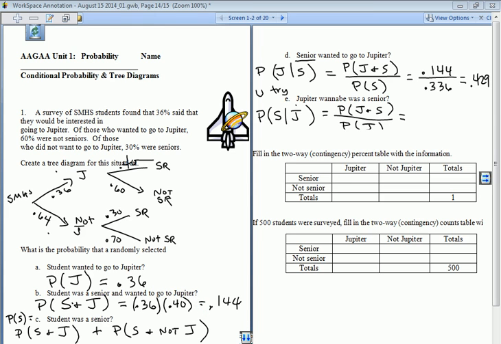Okay, so let's finish up that last problem. When we're looking at this one, we've got the probability of Jupiter wannabe that was a senior. Our condition is a Jupiter wannabe.